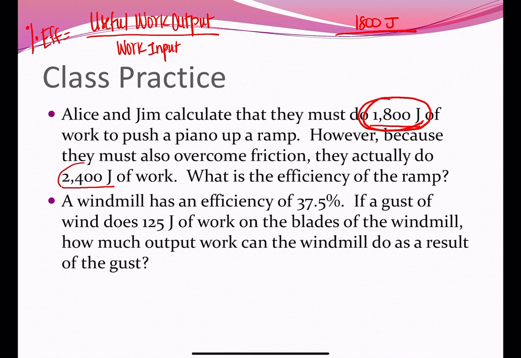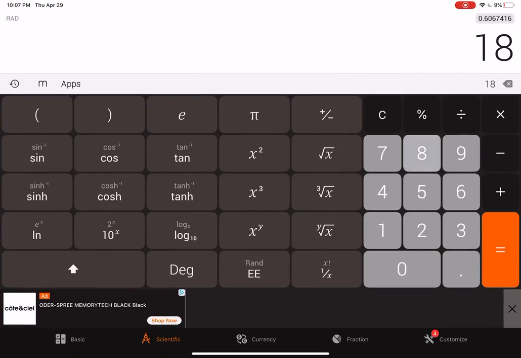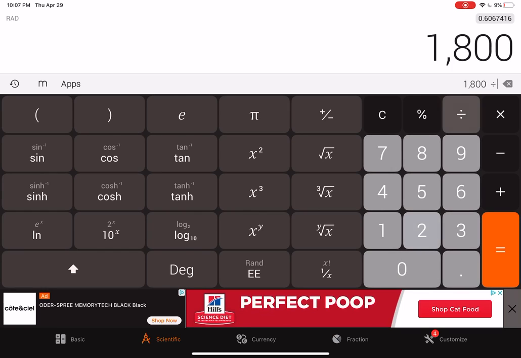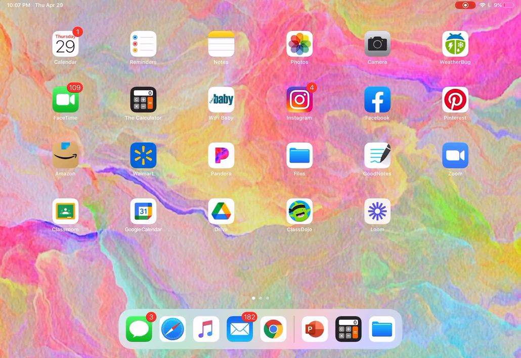But the input, which is going to include friction and all of those other energy pieces that are lost, is 2,400 joules, okay? So if you divide that, 1,800 divided by 2,400, then you get 0.75.